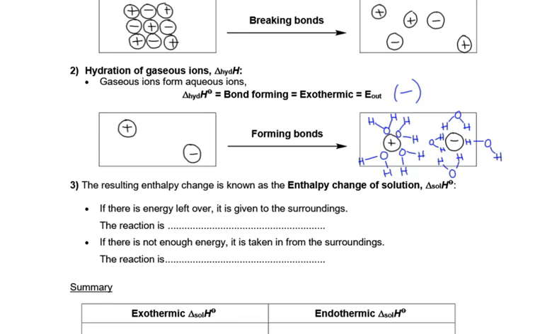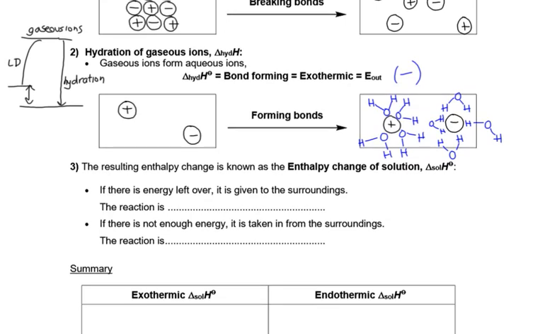We've put some energy in at the beginning, that was our lattice dissociation. We've got the gaseous ions at the top, and then we've got some energy back from surrounding them by water. This is called hydration. The difference, this little difference here, is our enthalpy of solution.